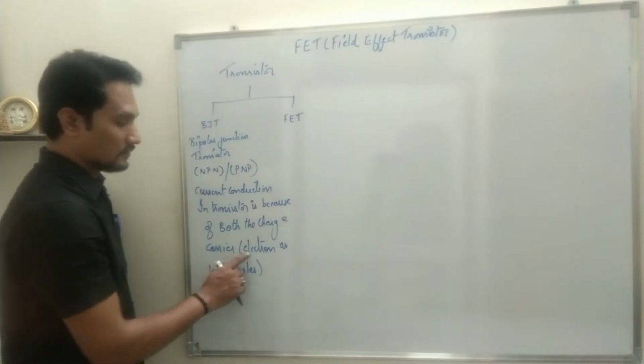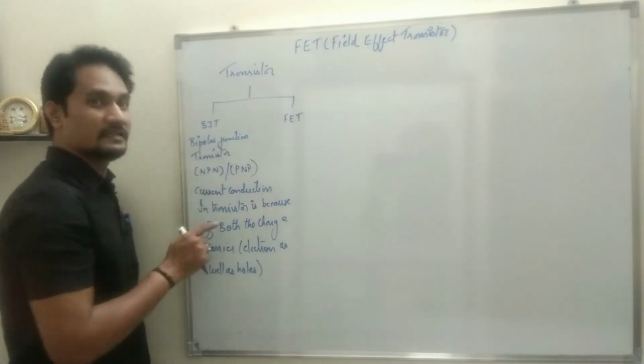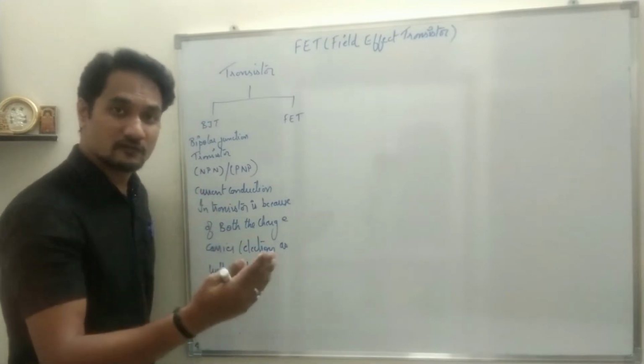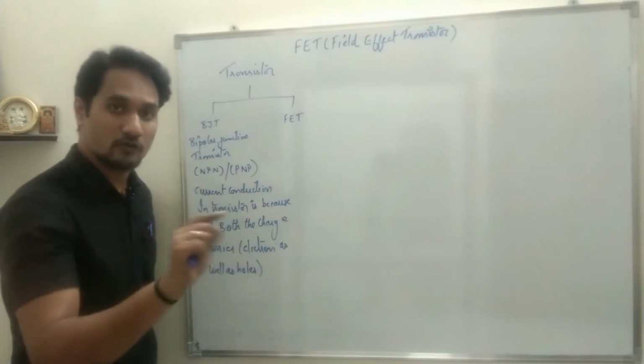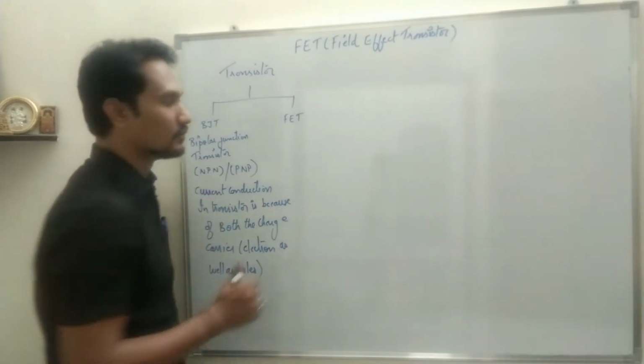So in BJT, the current flowing through the transistor is because of both the charge carriers, electrons as well as holes.